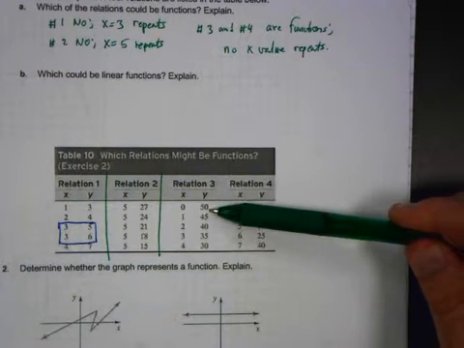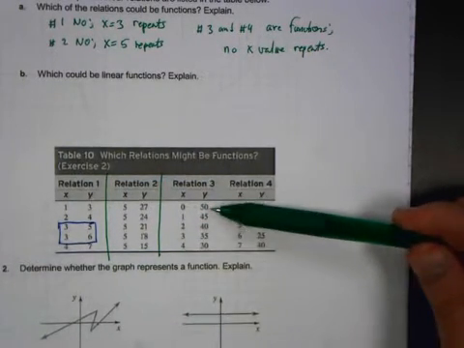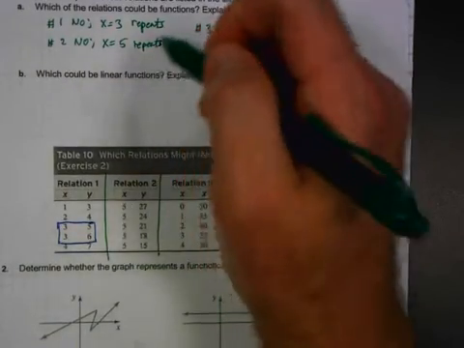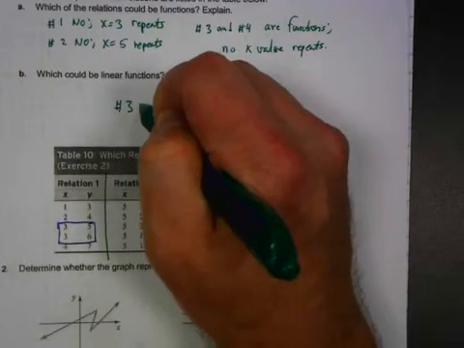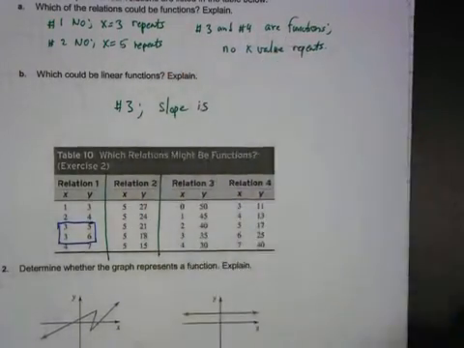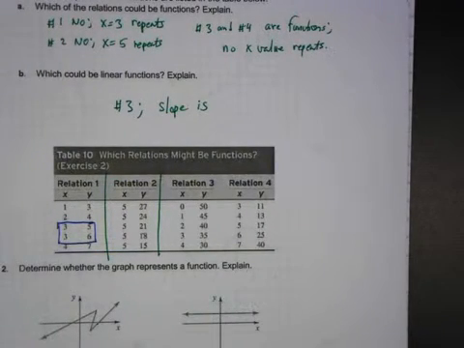But I think number 3 is a line because each time the x value goes up by exactly 1, the y value goes down by exactly 5. So number 3. In fact, we could say the slope is, what's the slope? 5, right?